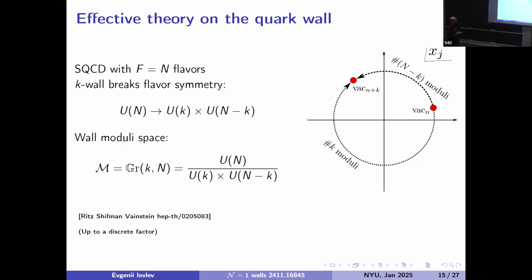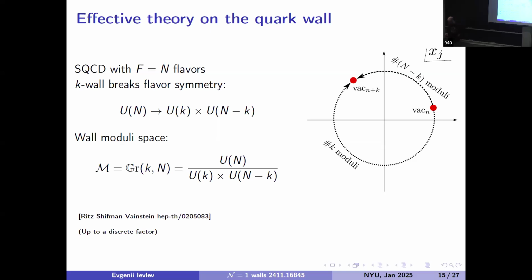On the domain wall, because some quark flavors have to wind one way, but other quark flavors have to wind a different way, the flavor symmetry gets broken by each particular wall to a subgroup, and the moduli space of the domain walls turns out to be a quotient: the original symmetry over the symmetry preserved by the particular solution, and it's a Grassmannian.